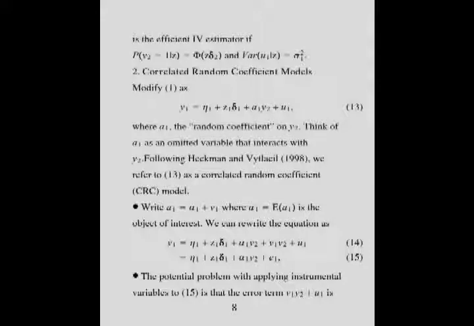And it turns out there's a set of assumptions under which it's the efficient IV estimator, and those two assumptions are given at the top of the slide. Okay, so if the probit model happened to be true and the structural error was homoscedastic, then this turns out to be the efficient instrumental variables estimator. So that is one reason you might want to do it.